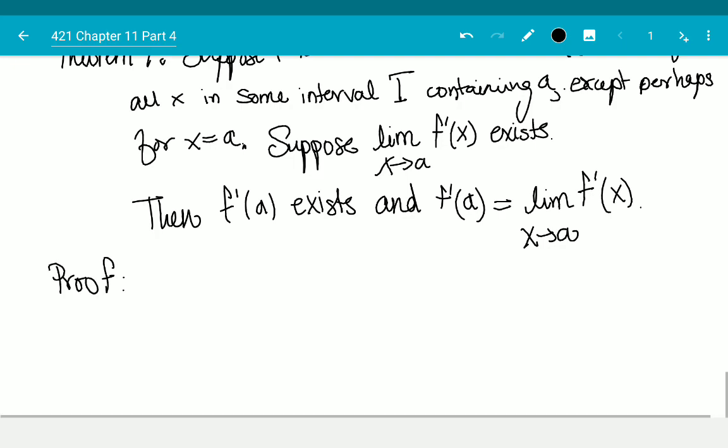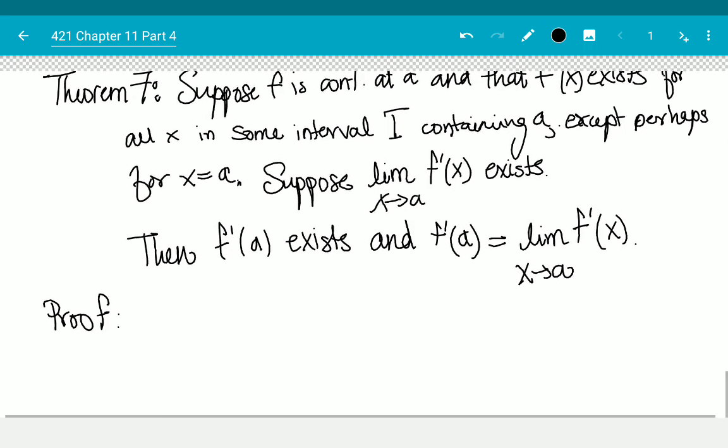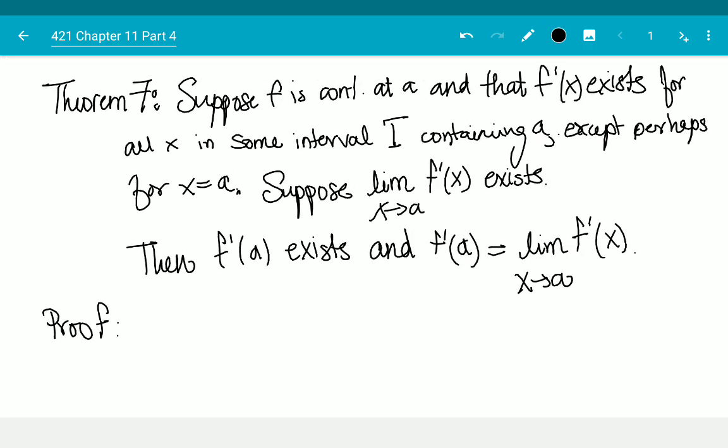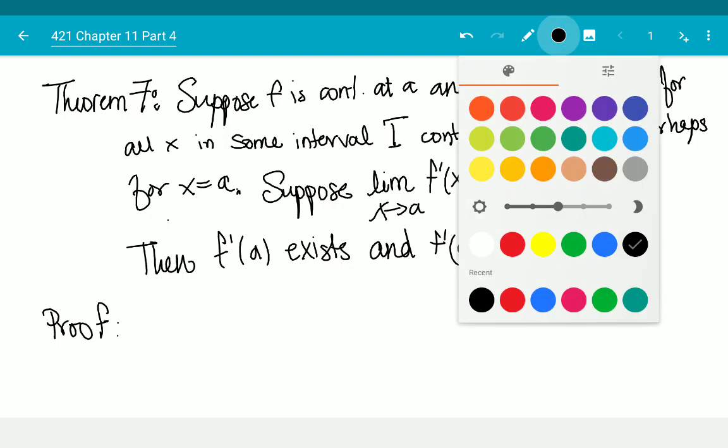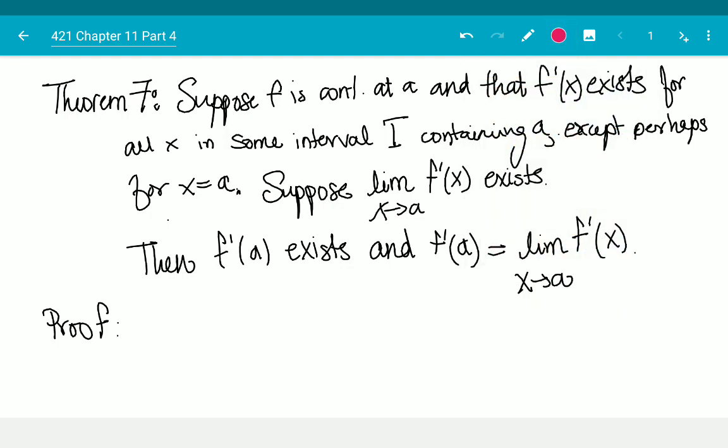I got ahead. Let me say this. The example that we saw at the end of chapter 10, which was x squared sine 1 over x, that function f is continuous at a, and f prime exists for all x in some interval I containing a, except perhaps for x is equal to a, right? What did not work out in that example was this part.